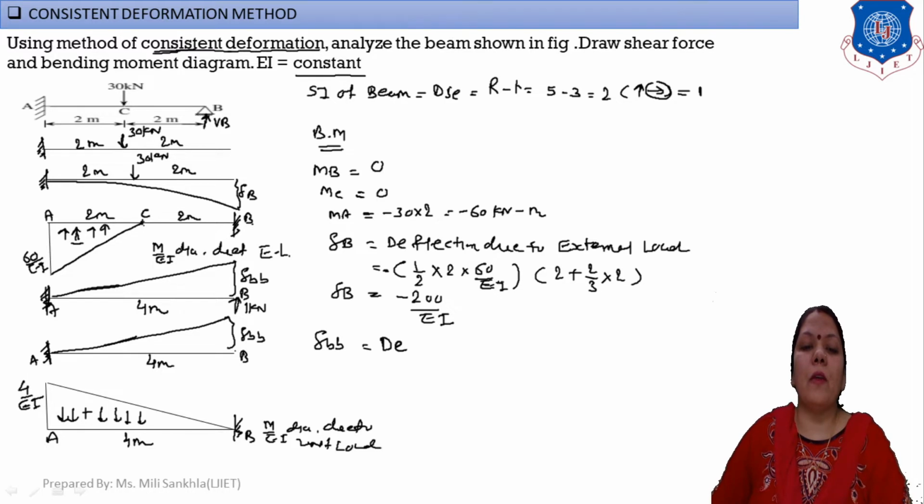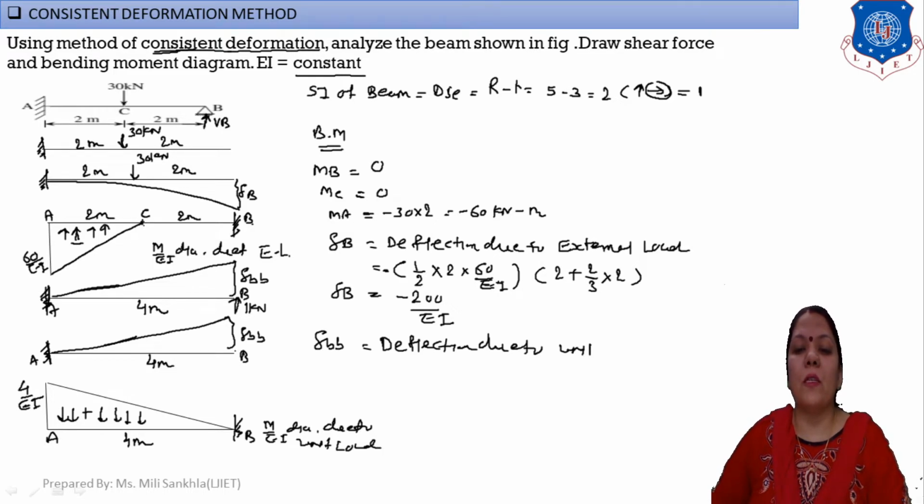Del BB is equal to deflection due to unit load, and for that we follow this diagram, which is a positive diagram. So mention here the area 1/2 into 4 by EI, and take CG from this B point, that means 2/3 into 4.